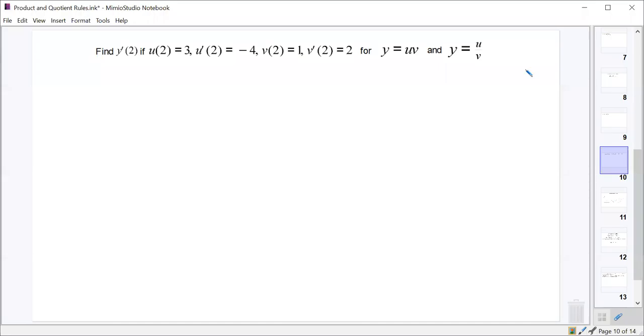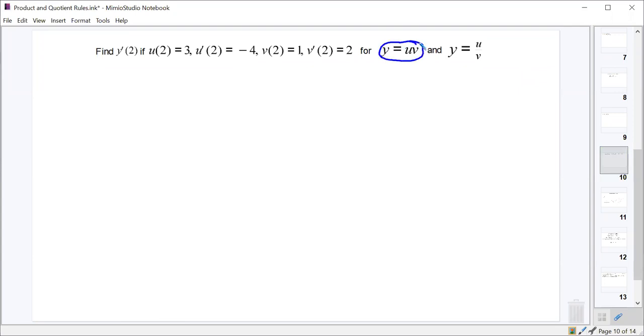Okay, on the AP test, they love to give one or two multiple choice questions that are similar to the two problems that I've got here. They say we've got some function y, which is equal to u times v.